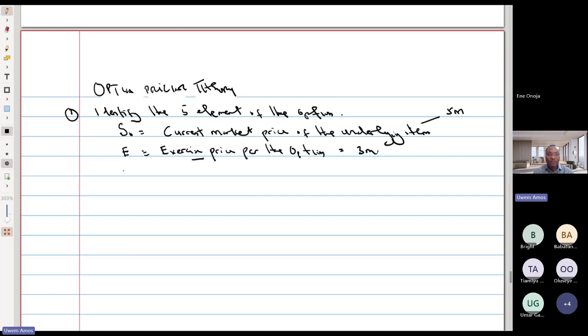The other elements are going to be very easy to determine. R is the risk-free rate. The question would always tell you what the risk-free rate is or how to determine it. T is the time to maturity in years.